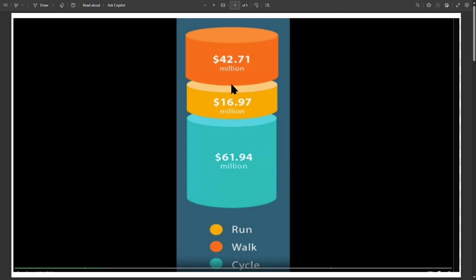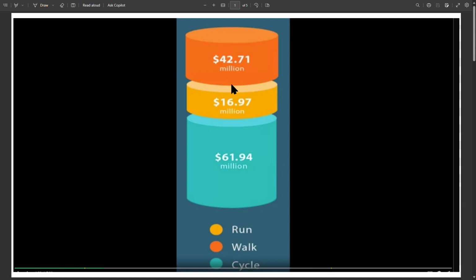Yes, of course it is a 3D pie chart. And we all know that creating a 3D graph, which can be easily created in two dimensions, is a no-no in the data visualization world. That's why we need to change this graph into two dimensions.